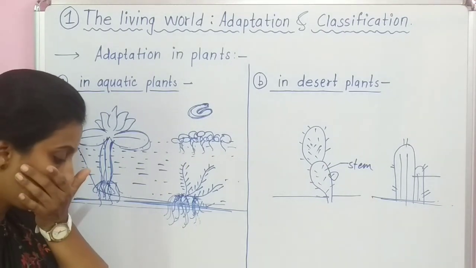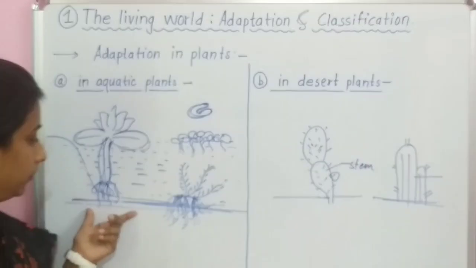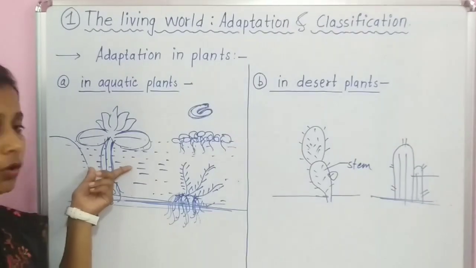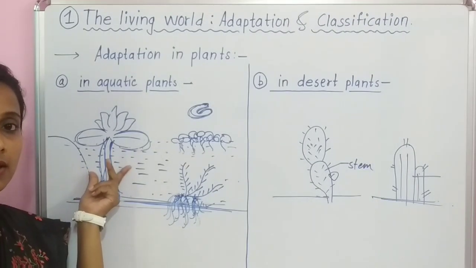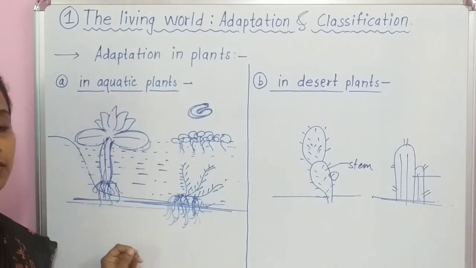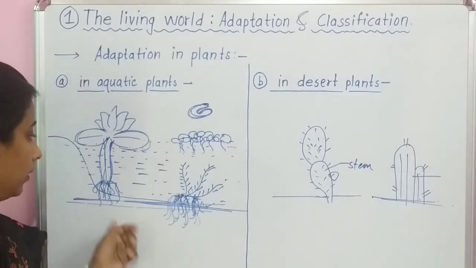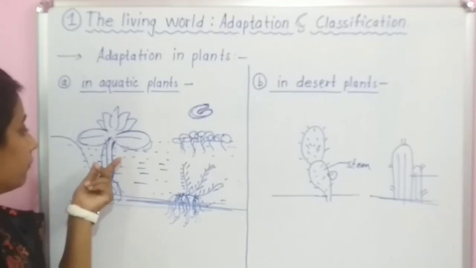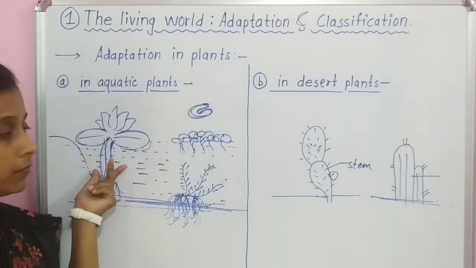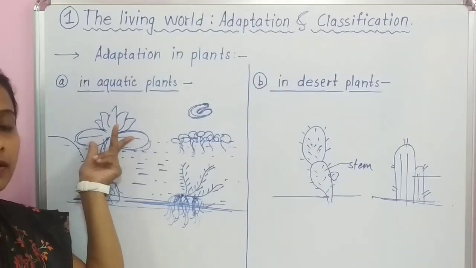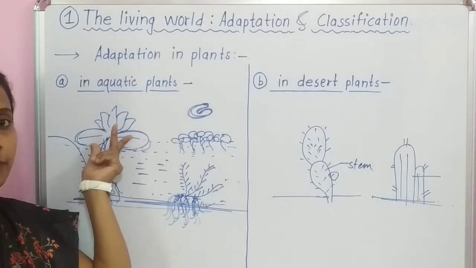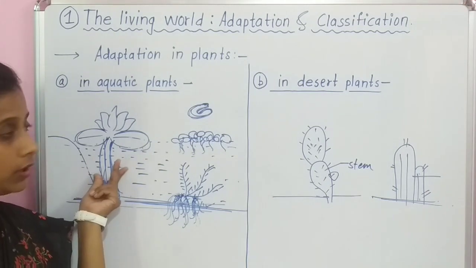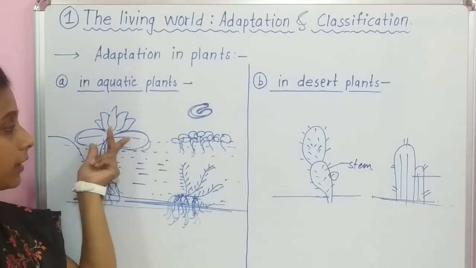Now come to the next, that is lotus. The stem of lotus is totally present inside the water, but the leaves and flower float above the water bodies, and the roots are fixed. Their stem and leaves contain more air inside the vessels, meaning large vacuoles are present.